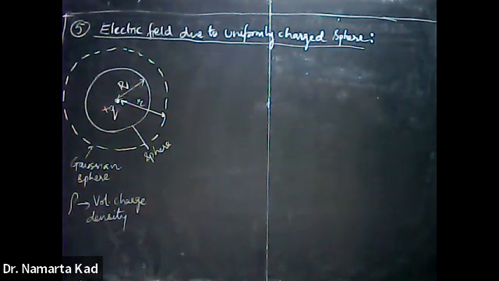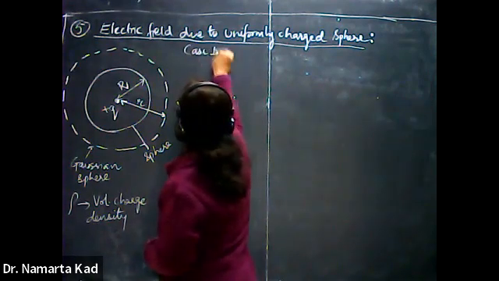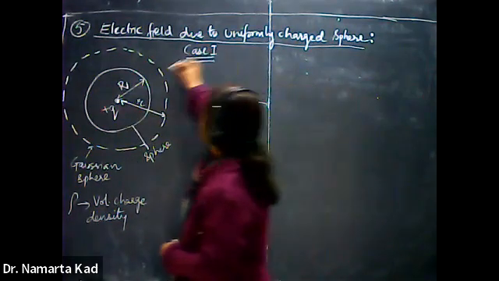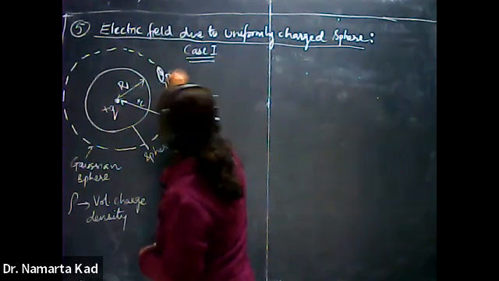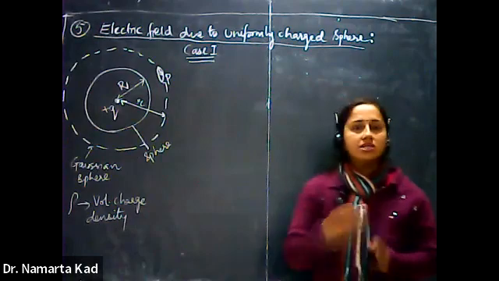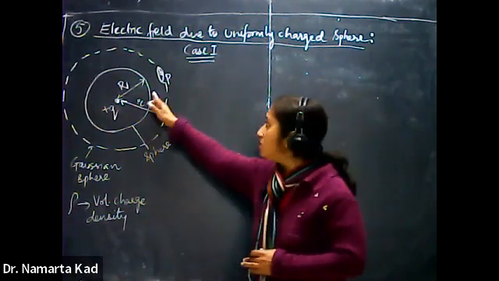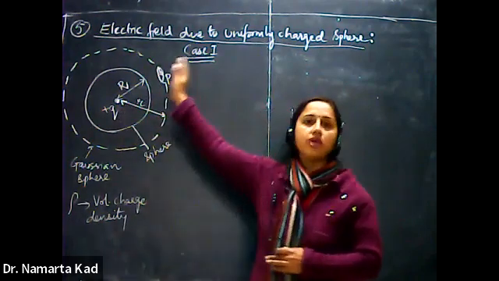In the first case, let us consider a small point P at an external point. Case 1: consider a small portion at any point P externally to the sphere. Not on the sphere, not in the sphere, it is any point P externally to that sphere.